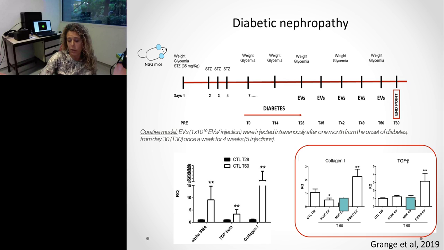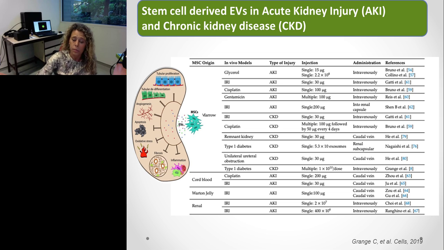Different administrations were performed, different numbers, and even the EVs are not counted in the same way. Some studies count them in numbers, some in micrograms, some in cell equivalents. And that's still a very big limitation in the field to compare different studies.